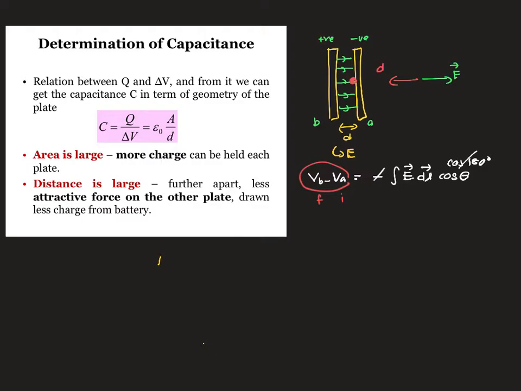Okay, what happens next is, please remember the previous topic, where a charge that you put at the middle is going to experience an electric field of E equals sigma over epsilon naught. For one conductor plate, you get E equals sigma over 2 epsilon naught.